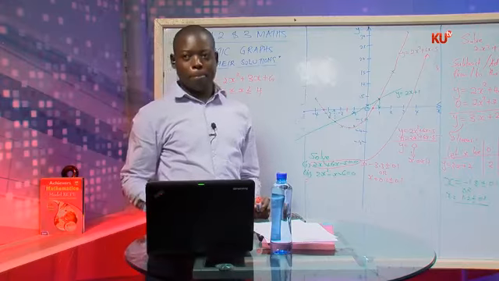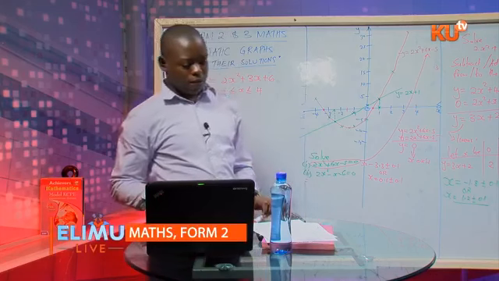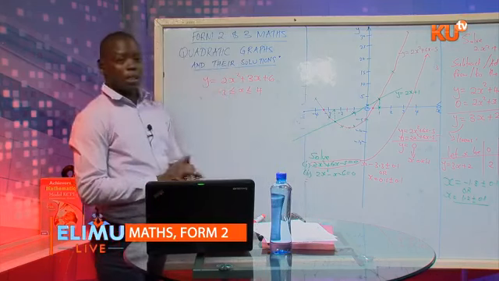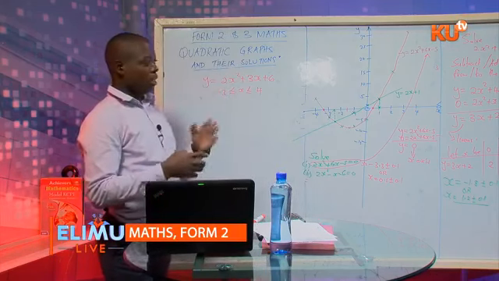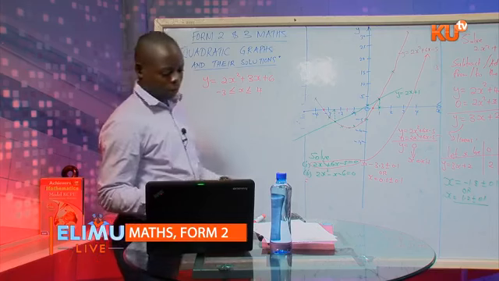So we need to plot this graph. No table given. We'll do it the same way we did for 94.